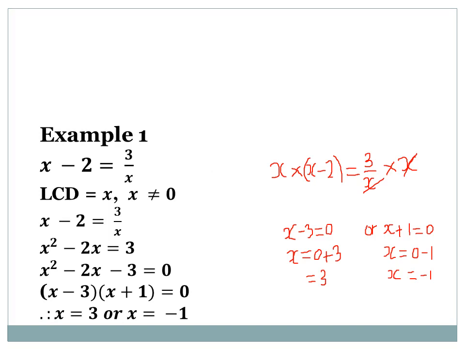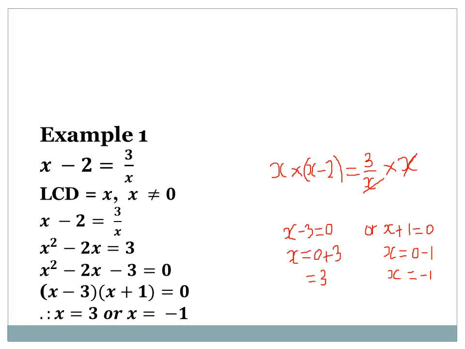Example 1. If we have x minus 2 is equal to 3 divided by x, what is the LCD? The LCD is the denominator, which is x. And what is the restriction?